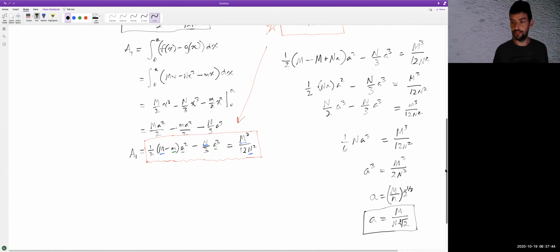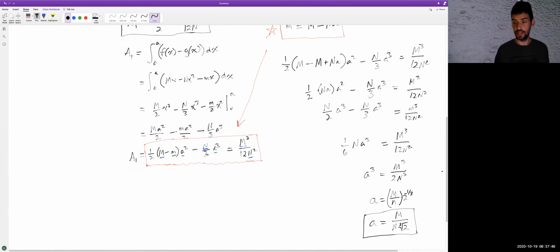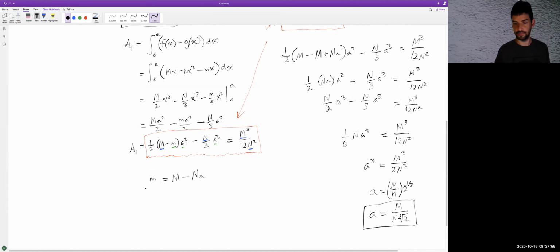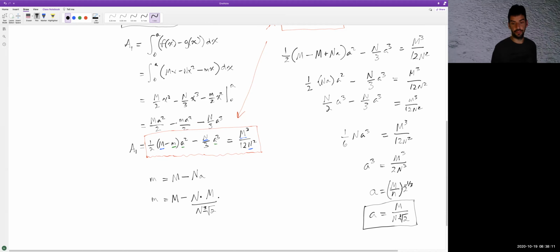We need the value of m. So now we have this equation m equals m minus n a. M equals m minus n times, and now I'm just putting in this expression, m over n cube root of 2.